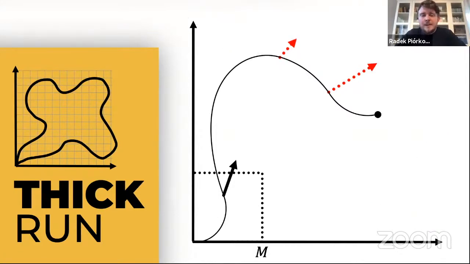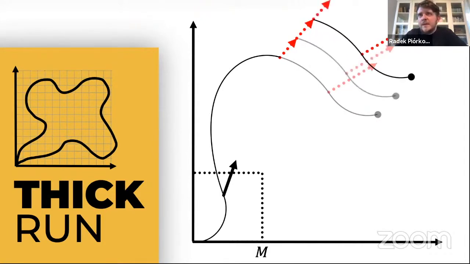So let's take a look at one of the parts of the run and analyze how inserting copies of those red vectors influences the endpoint here. If you insert this first red vector many times, you actually move the endpoint along the same direction that the red vector points to.